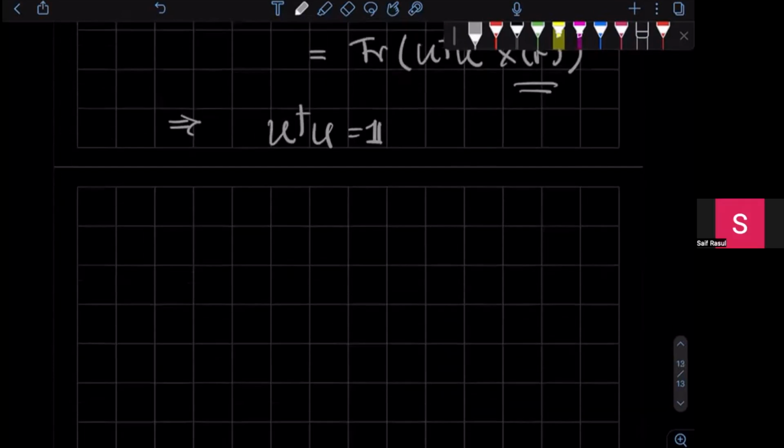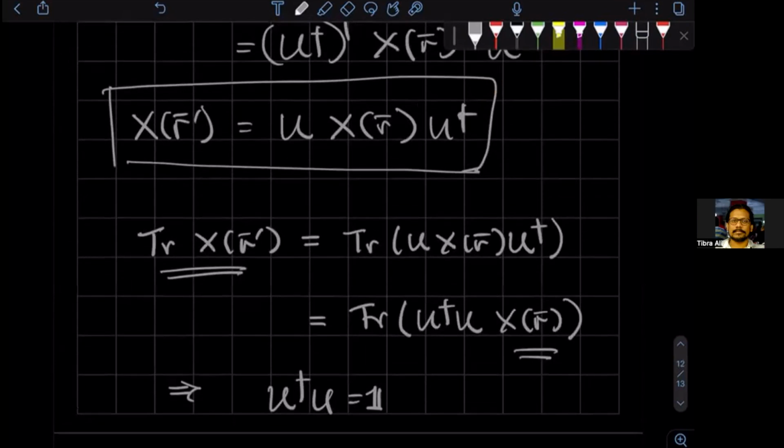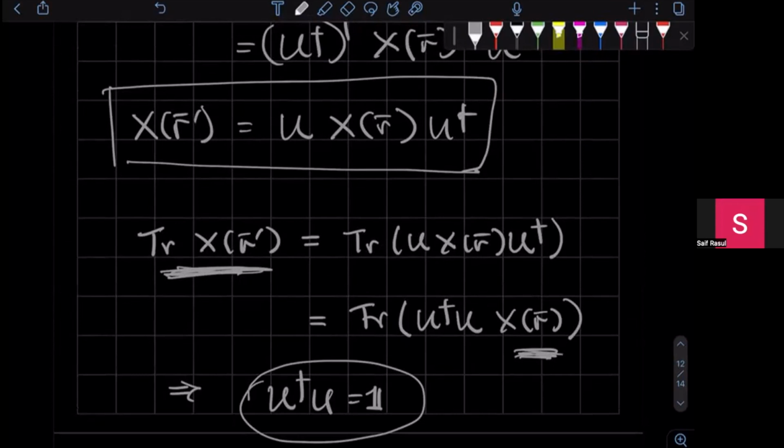So if I take the trace of this equation, then for this to be traceless as a consequence of this, then this must be true. That's the part I don't understand. Why does it have to equal 1 or identity? Okay, in that, the right-hand side is X of R. And if this is traceless, then this is traceless. Oh, okay. I'll have to think about that a little bit. Yeah, no, that's good.